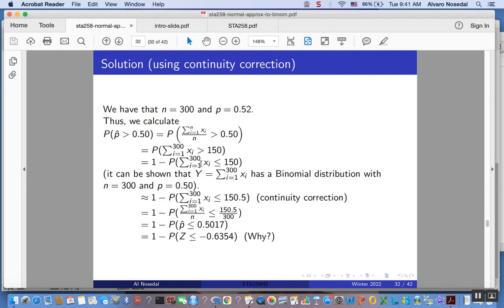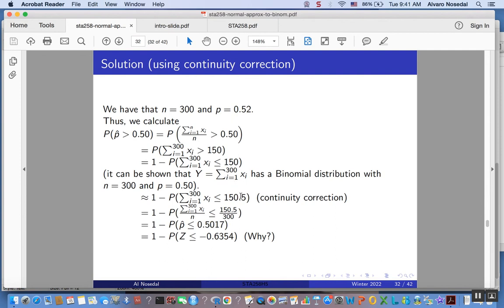Okay, but now, and this is the small detail that is going to make our normal approximation more accurate: instead of evaluating at 150, you're going to be adding a 0.5 here.